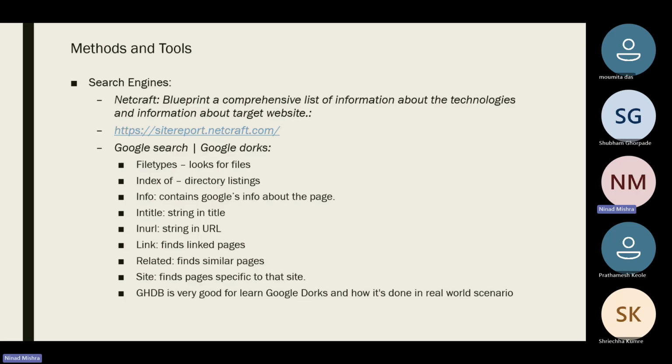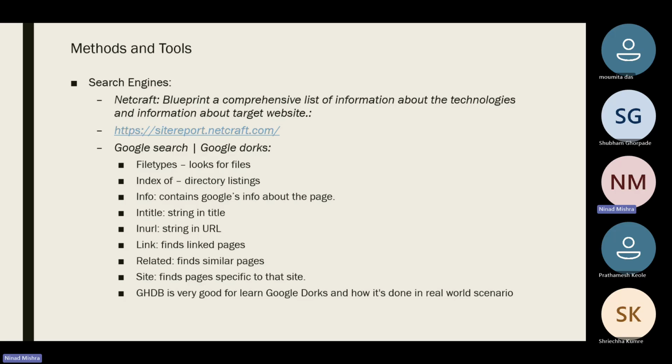Then intitle is something which, if you are looking for any specific title or any string in the title, you can just provide that and it will return that information. Inurl will be again a string in the URL. So any string in the URL that you are looking for, you will be returned that particular URL.